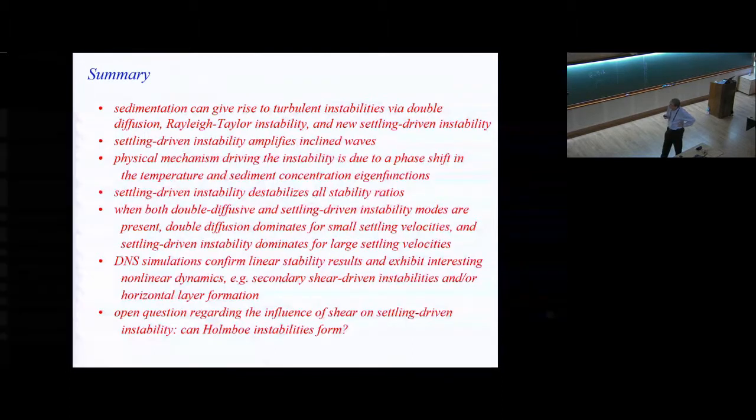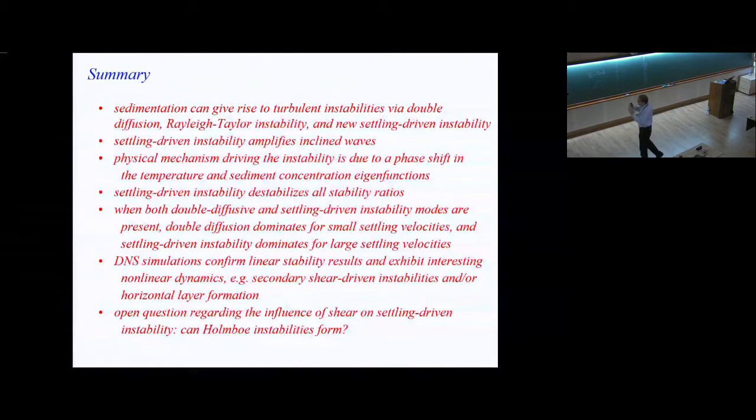We found through this linear stability analysis that it amplifies in a preferred fashion these inclined waves. We could nail down the physical mechanism that drives the instability to this phase shift that's being generated as a result of the settling velocity. And we saw some interesting competitions between double diffusive and the settling-driven instabilities, and DNS simulations confirm these results.